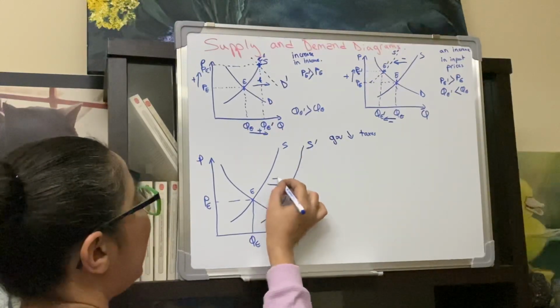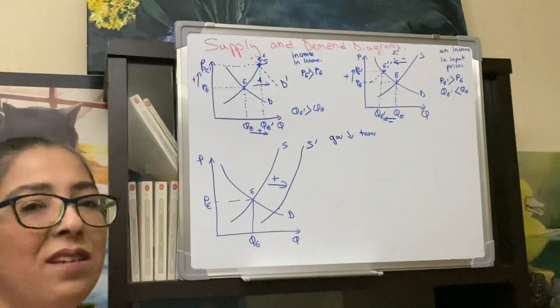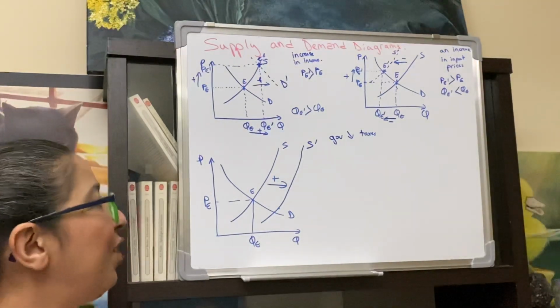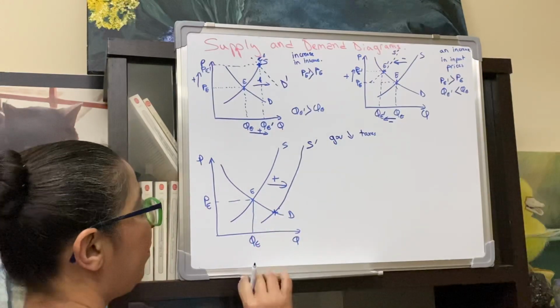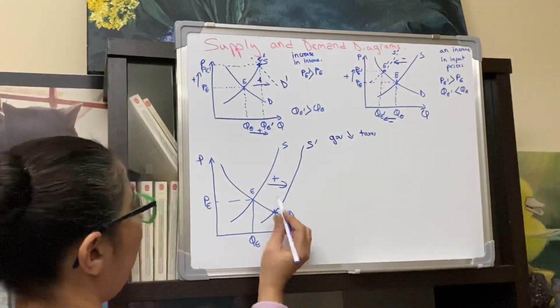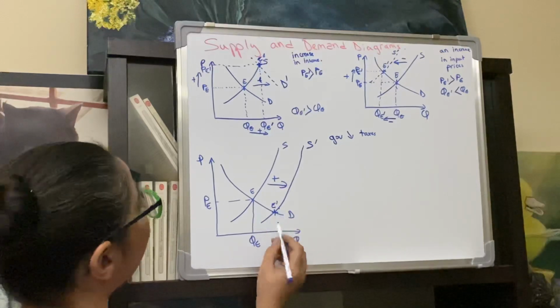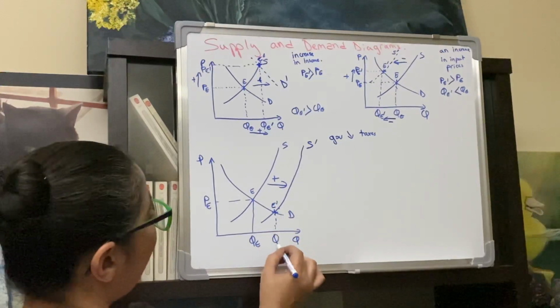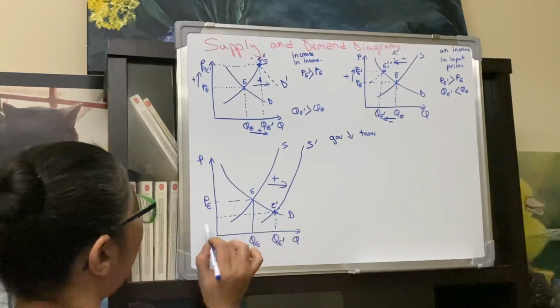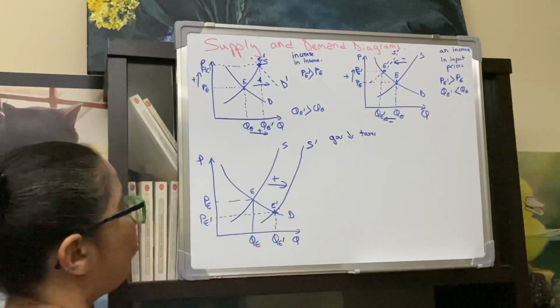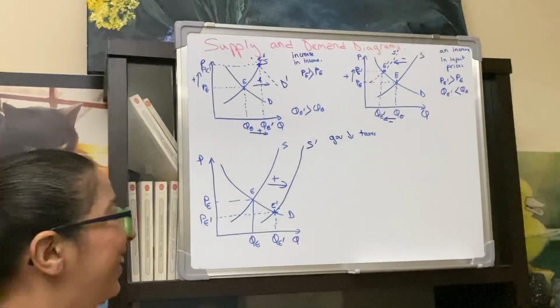There is going to be an increase in supply, a shift to the right. Let's look at the new equilibrium. Here is your E prime. Here is your QE prime. And here is your PE prime. Okay?